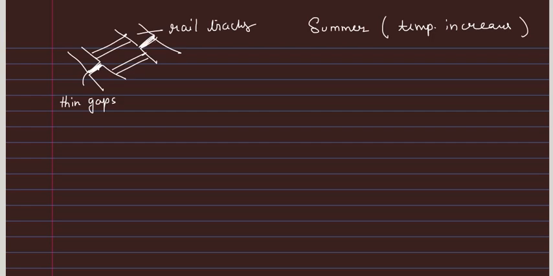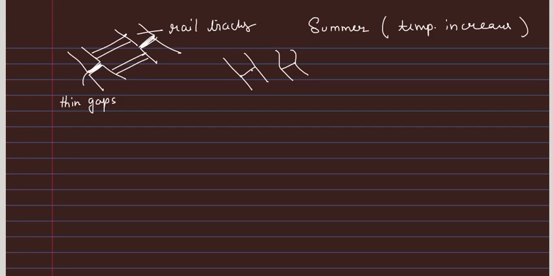If we do not keep this gap, and the rails are already connected tightly, then during summer when they further expand, the rails will get bent because they will not get any space to expand, and that can lead to accidents in the form of derailment of trains.